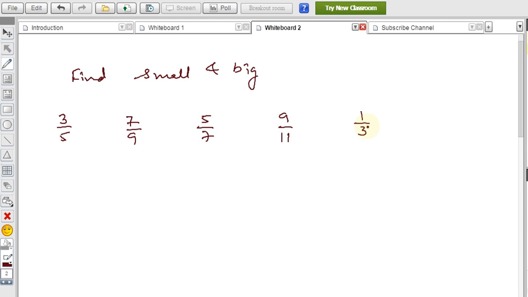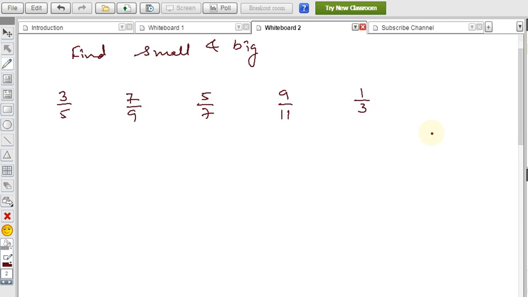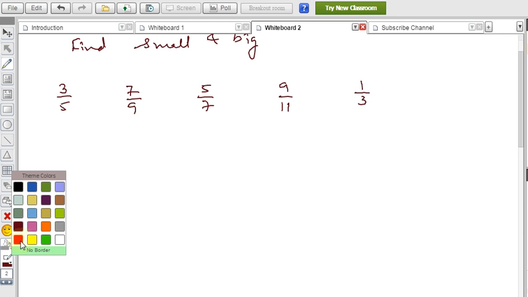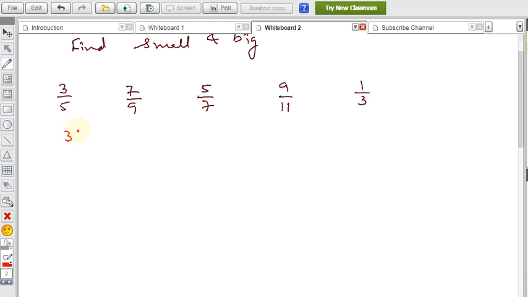So here 5 are given. Now we can take normal division also, which gives the smallest or biggest. If you divide each and every fraction, first 3 divided by 5: 0.6.